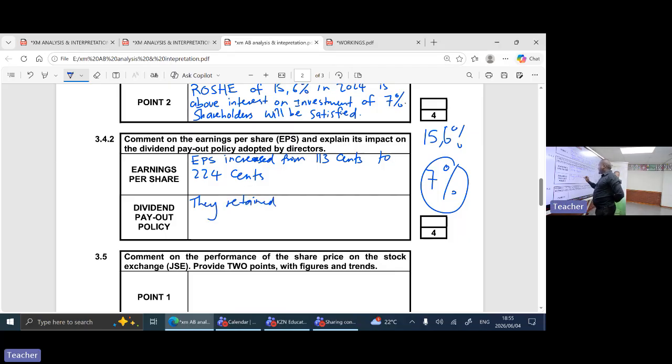Maybe you can say that they retained 60% of earnings in 2024 for future developments of the company.